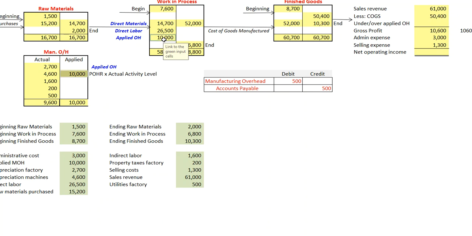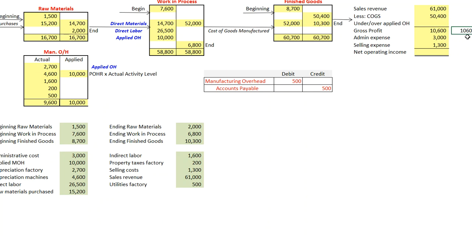And if work in process is too high by 400, that means of course our finished goods has to be too high by 400, which means our cost of goods sold has to be too high by 400, which means our gross profit has to be too high by 400.